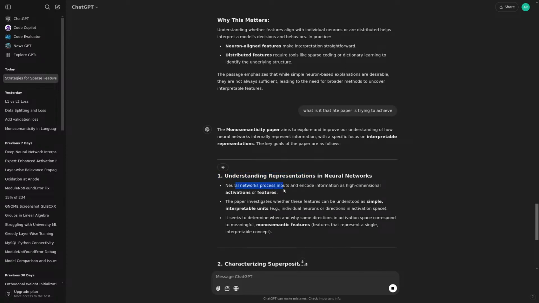Neural networks process inputs and encode information as higher dimensional activations or features. Okay, that makes sense. The paper investigates whether these features can be understood as simple interpretable units, as individual neurons or directions in activation space.